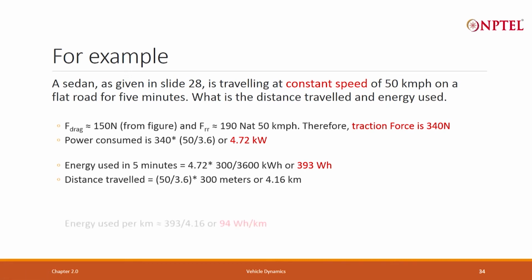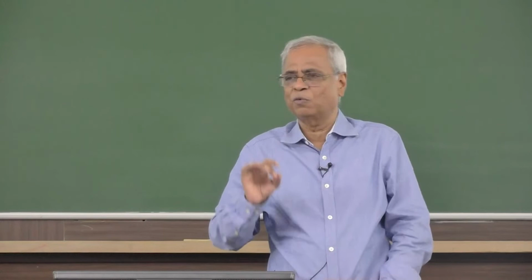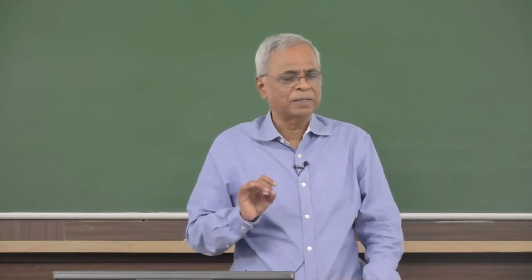So, what is the energy used per kilometer? I am consuming 393 watt hour for 4.16 kilometers. So, per kilometer I am consuming 94 watt hour per kilometer. So, if I take an ideal vehicle and just overcome drag and rolling resistance at 50 kilometer per hour, I will consume 94 watt hour per kilometer.